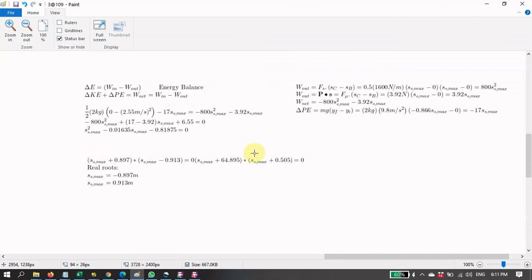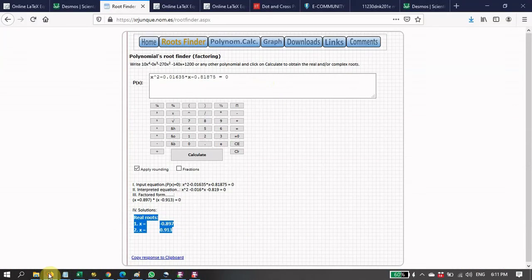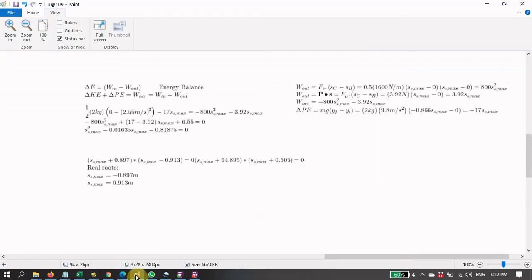In order for me to factorize this equation, I'm using this online root finder software, and from that we can get the real roots for this equation, which are minus 0.897 meters and 0.913, which is the maximum stretch, so we are using the positive value.